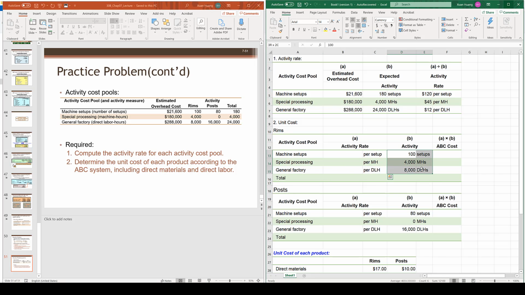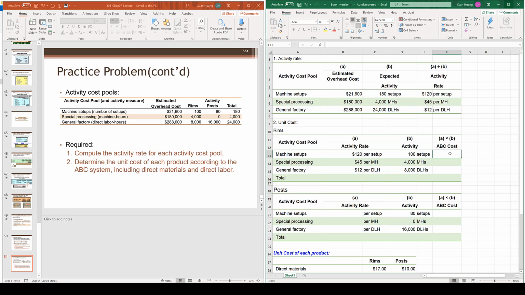Now, based on the actual level of activity consumed in each activity cost pool, we can assign cost using the ABC system to rims. Let's first put the activity rates here: $20 for machine setups, $45 for special processing, and $12 for general factory.